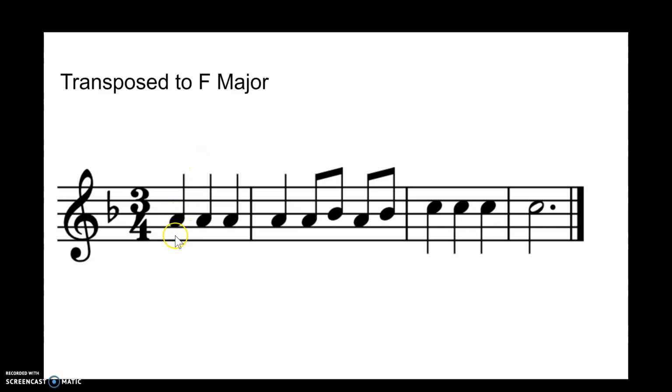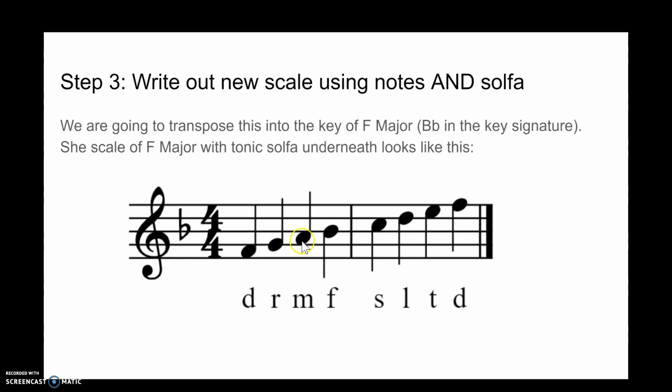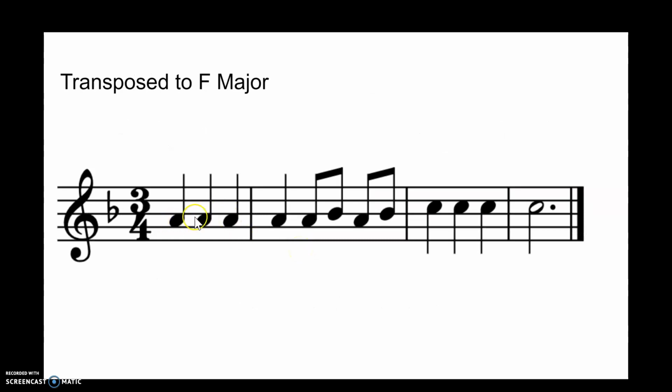In F major, the first bar is 3 crotchets on mi. Because we're in F major, mi is now the note A. See? So there's our scale of F major, and mi is now A. So it's 3 crotchets, A. Then we had mi, fa: a crotchet and 4 quavers.